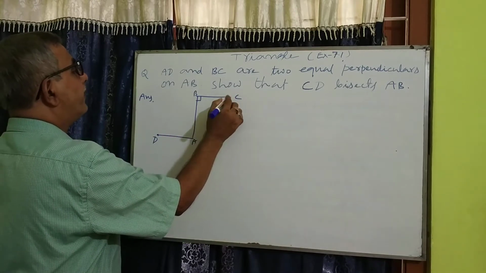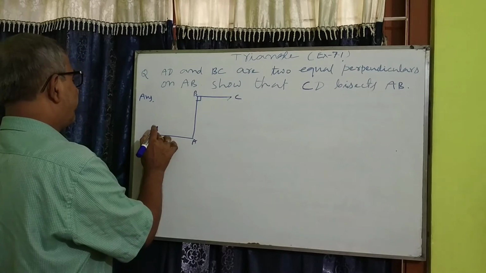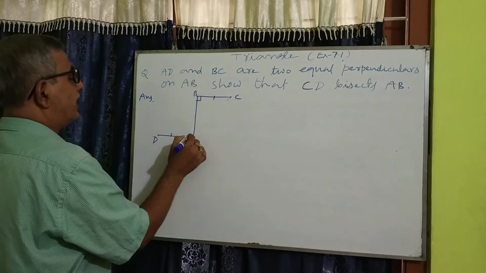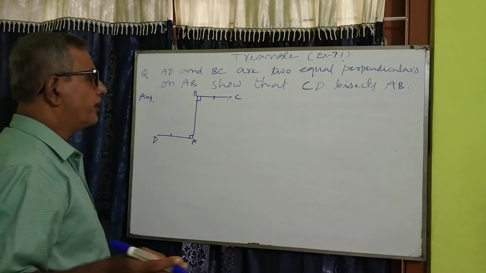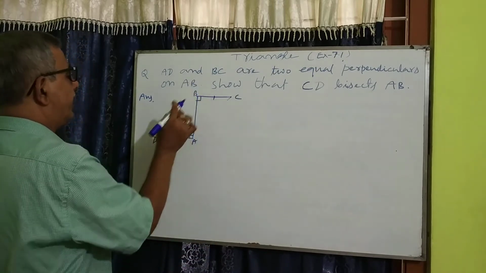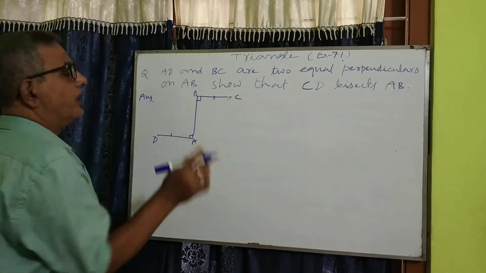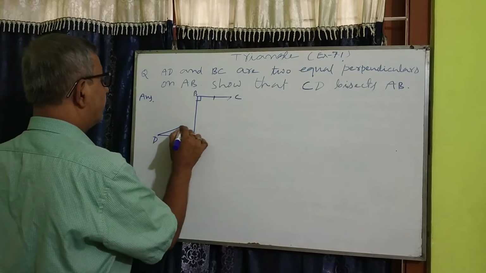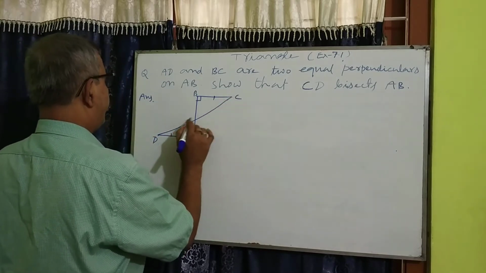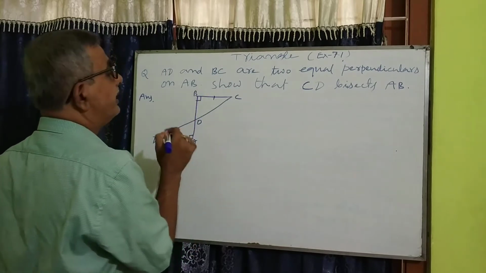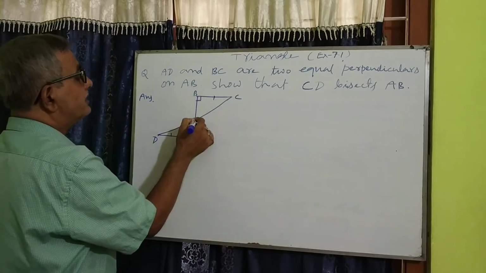And these two perpendiculars are equal. This perpendicular and this perpendicular are equal. In the examination, suppose you write B here, A here, and B here, C here, there will be no difference. Now what you have to prove? CD bisects AB means this is equal to this.